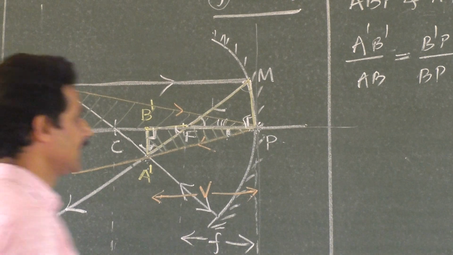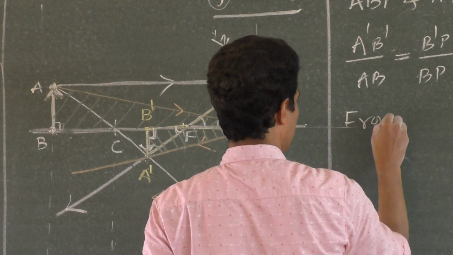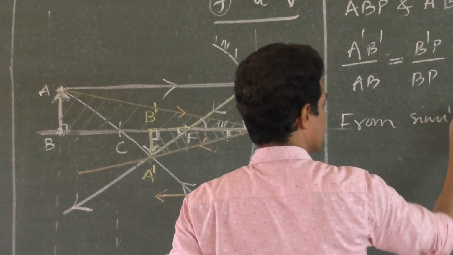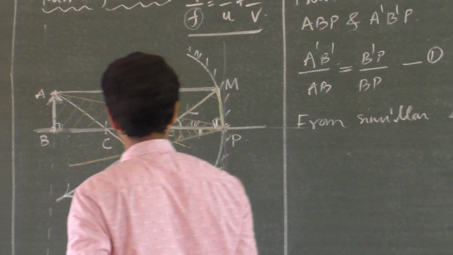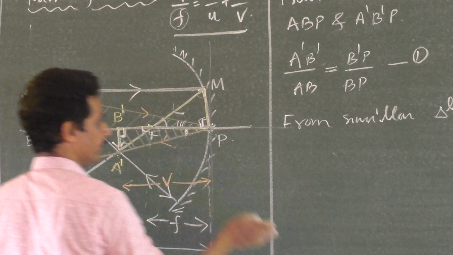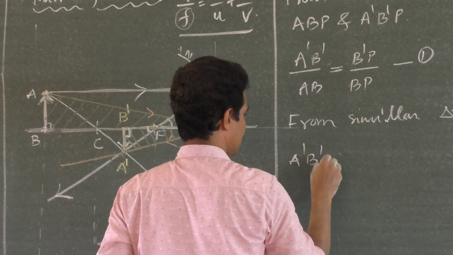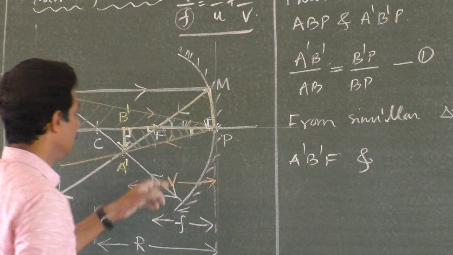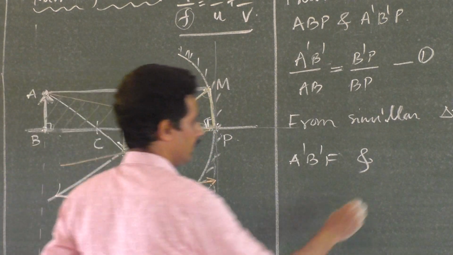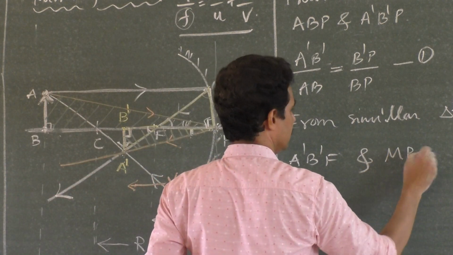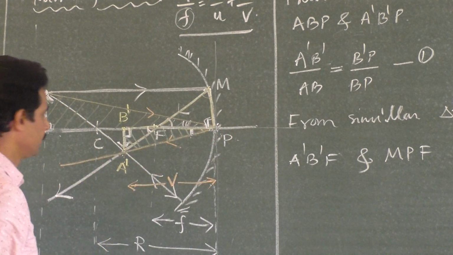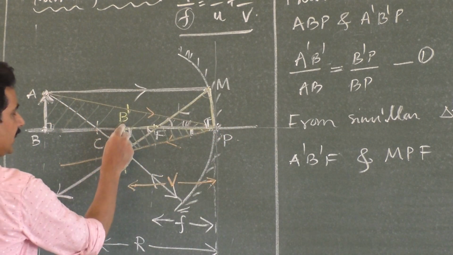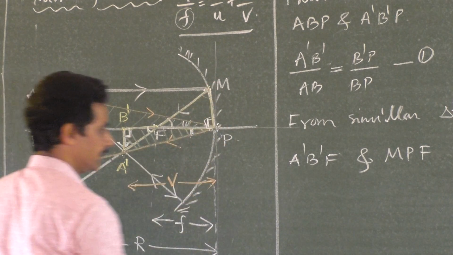So from similar triangles A dash B dash F and MPF, what can I write?